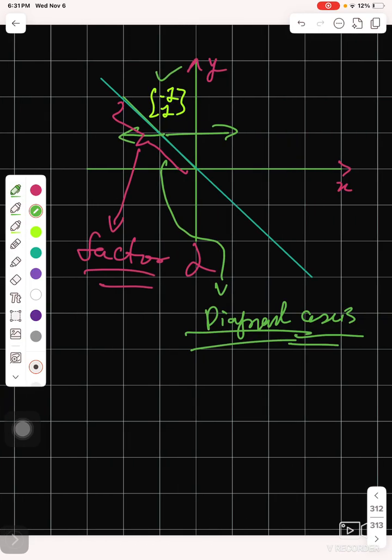So you might have guessed, yes, this is what eigenvalues and eigenvectors are.